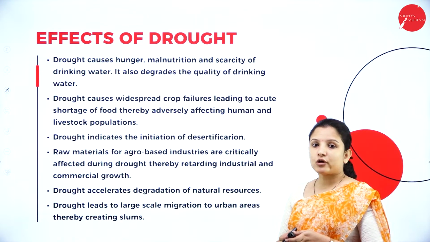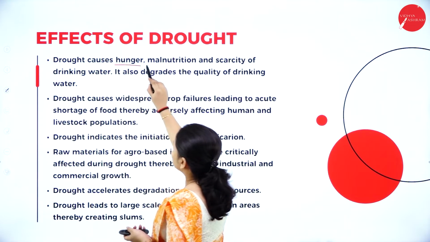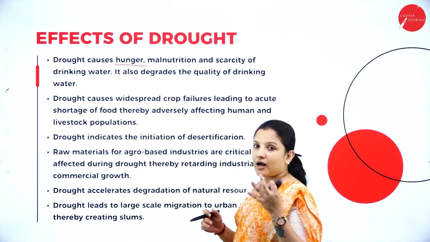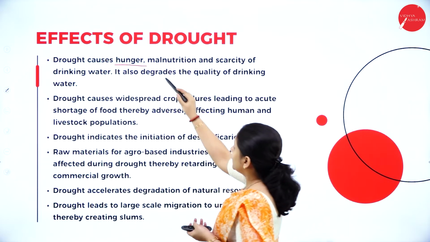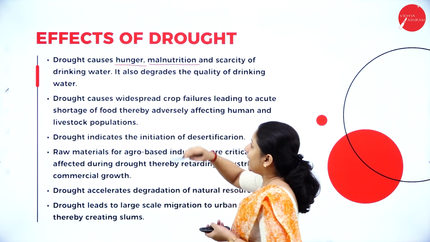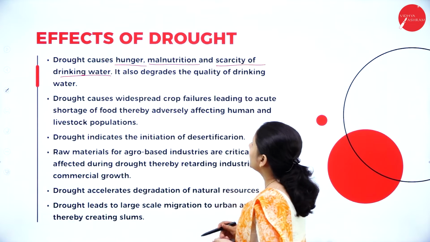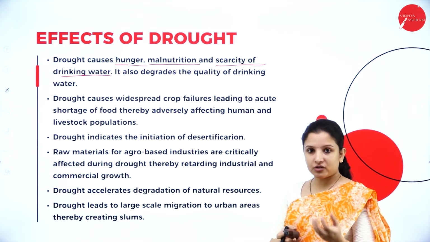Next, let's look into what the effects of drought are. Drought can cause hunger, because if the land is dry, crops cannot be grown. Obviously, it will lead to hunger, that is unavailability of food, it will lead to malnutrition, and also to scarcity of drinking water. Not just that, drought will also degrade the quality of the drinking water.